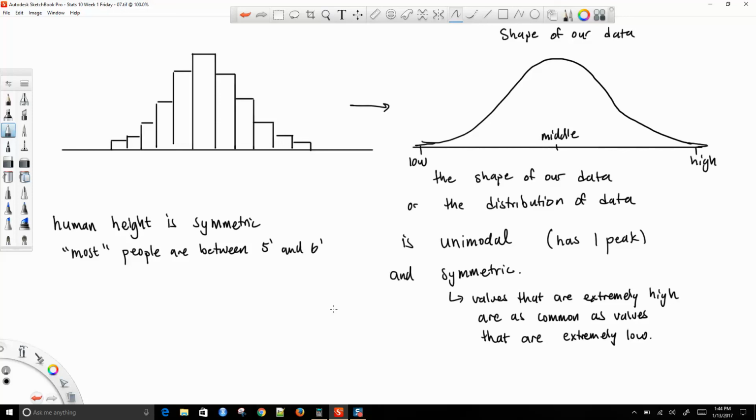Okay, but yes, do we have extremely tall people? Yes, LeBron James, Yao Ming, these are on the extremely tall side. But you don't have very, very many people who are extremely tall. So we could think of some athletes or NBA players. And then on the other hand, some people are very short.